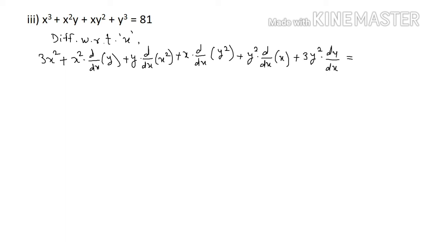It is going to be 0 because 81 is a constant and derivative of constant number is 0, we know that. So it is 0.